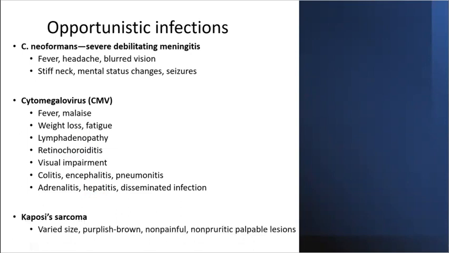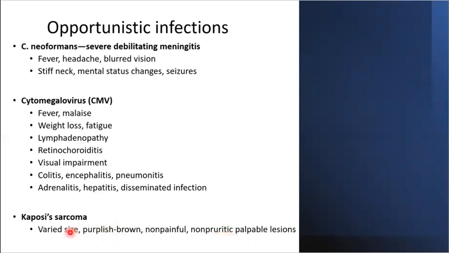Another opportunistic infection would be Kaposi sarcoma, which is the most common malignancy you see in these patients. This malignancy could be varied in size. It's usually flat, has this purplish brown color. It's non-painful, it doesn't itch.